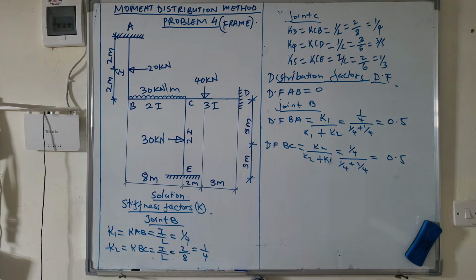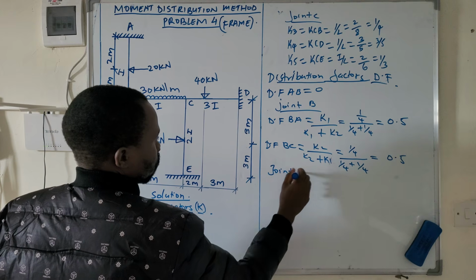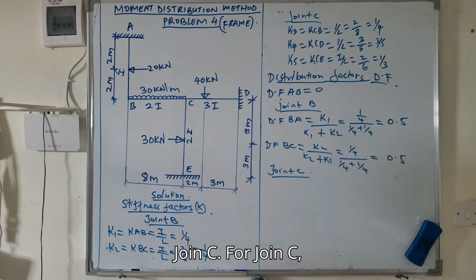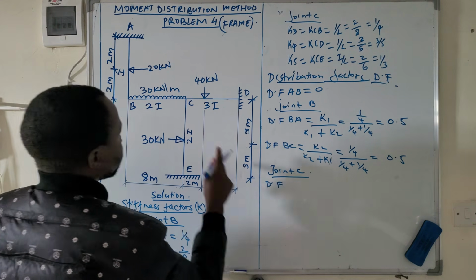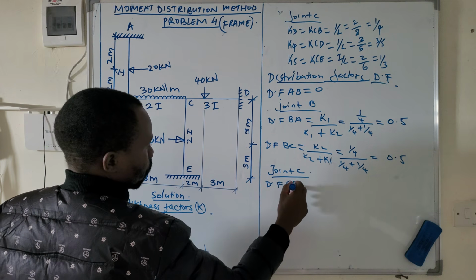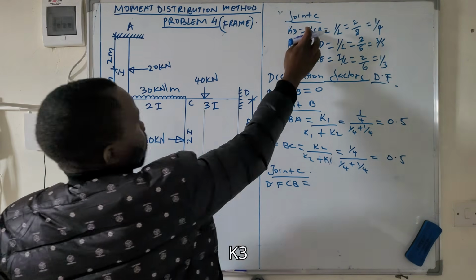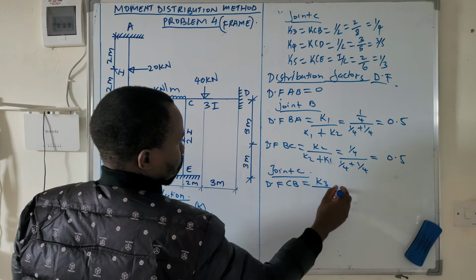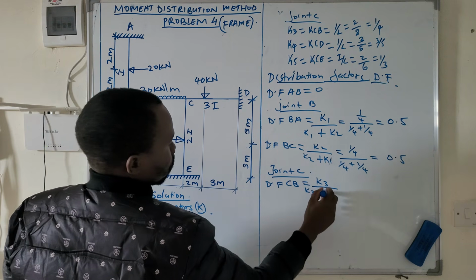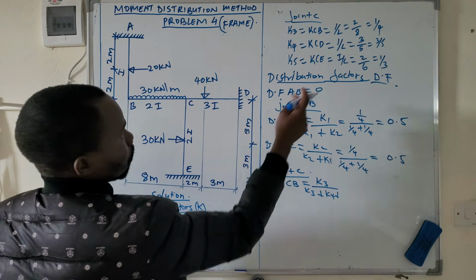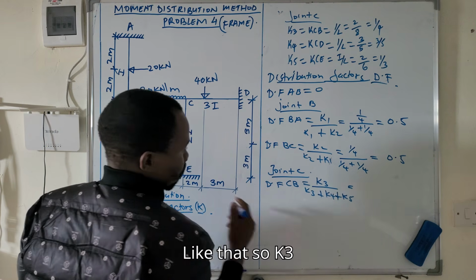We move to joint C. For joint C, we have the DF CB. So the DF CB will be K3 over K3 plus K4 plus K5.